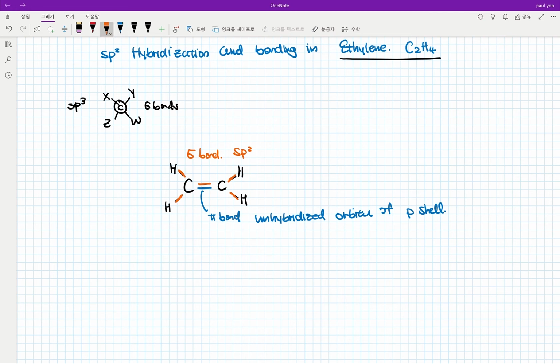And because now two carbons are connected with a double bond, they are shorter in distance than ethane.